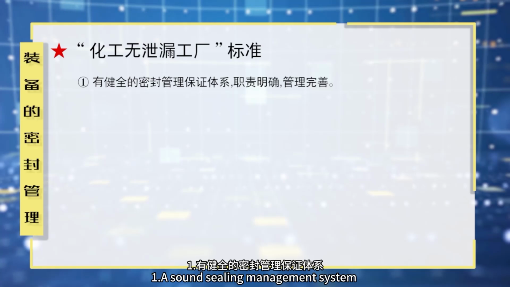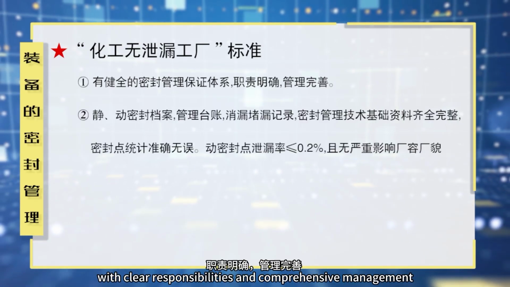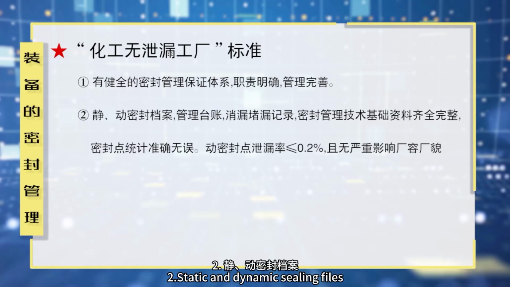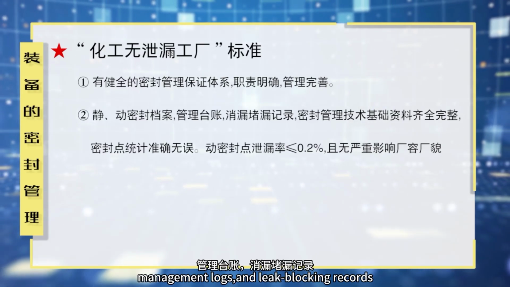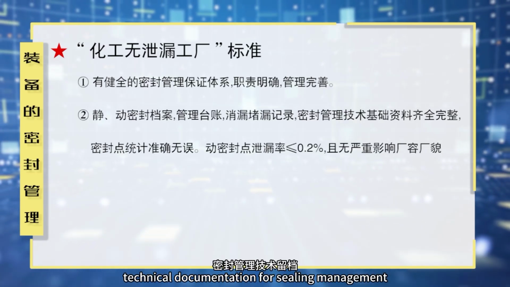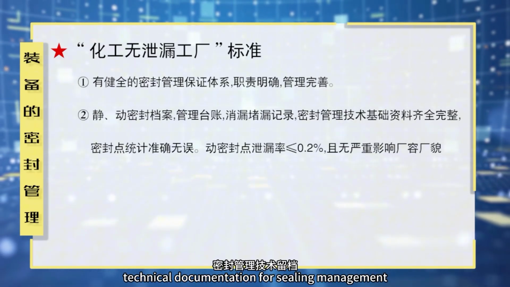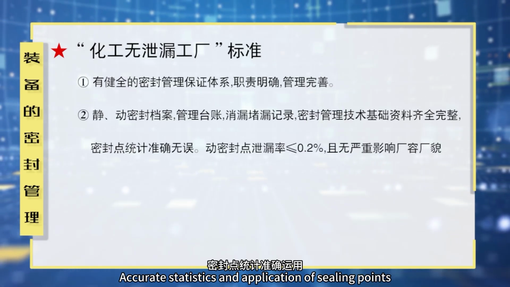First, a sound sealing management system with clear responsibilities and comprehensive management. Second, static and dynamic sealing files, management logs, and leak blocking records. Complete and accurate technical documentation for sealing management. Accurate statistics and application of sealing points.